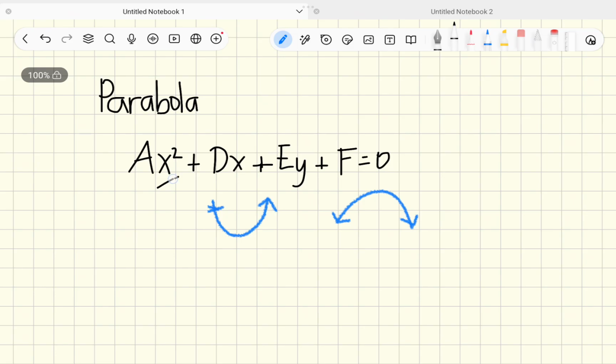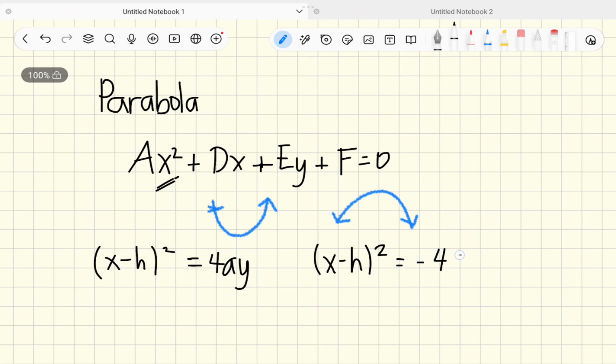Because it has x squared, the standard equation is x squared equals, and if it's at (h, k), that will be (x minus h) squared equals positive 4ay if it's facing up, and negative 4ay if it's facing down.